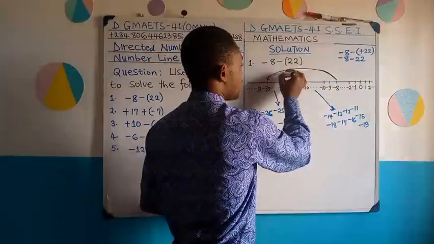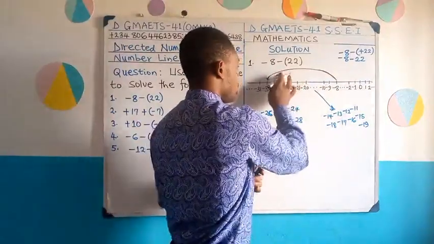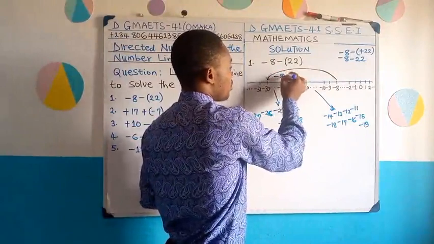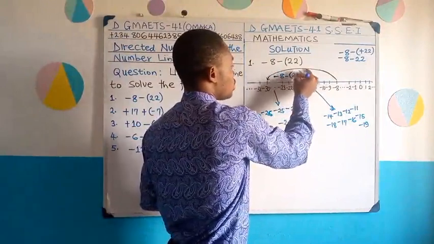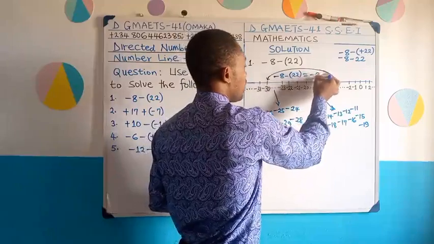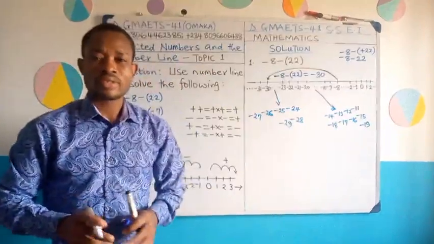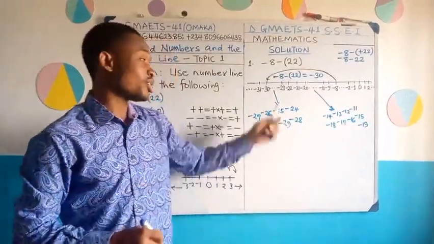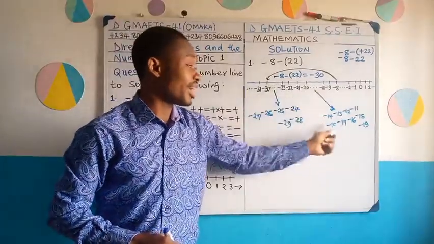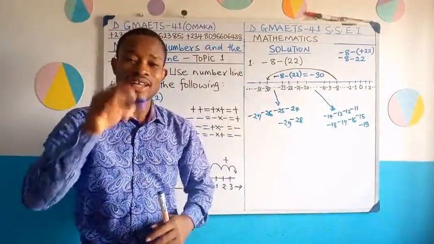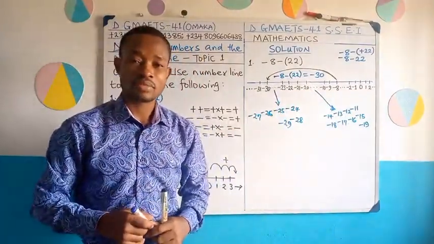Let me write this with the blue marker. You can now say that -8 minus bracket 22, the answer will give me -30. So you see how we do that, right? Once again, I'm sorry that I had to break this. But like I said, these are the numbers between them. So you can do yours fully and then take the movement.